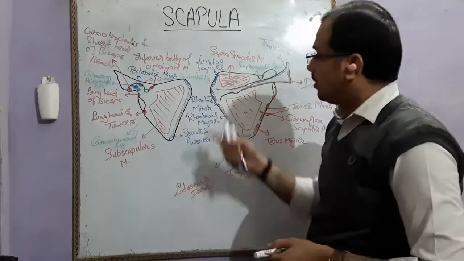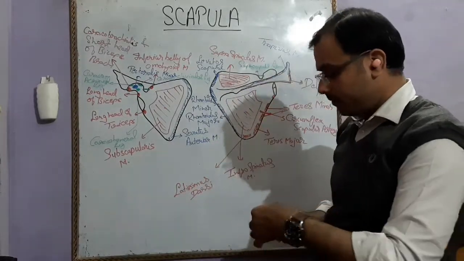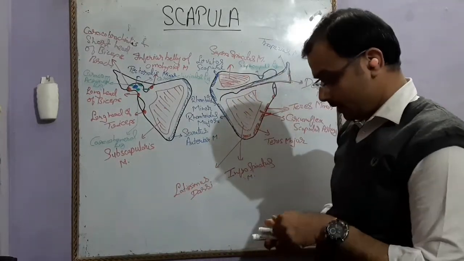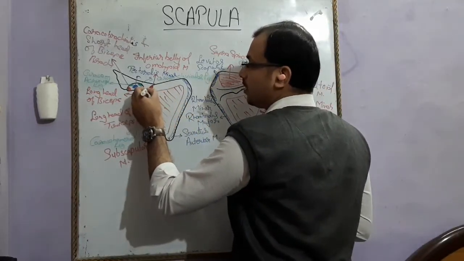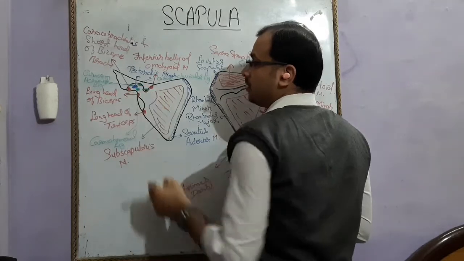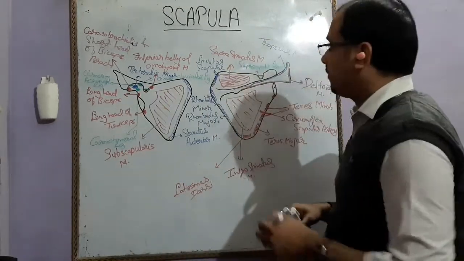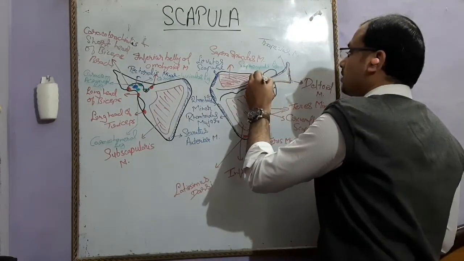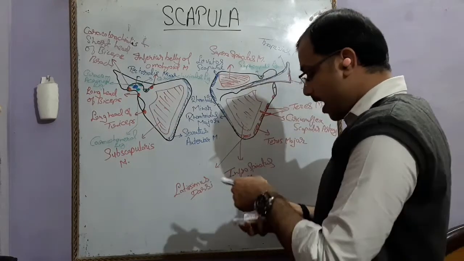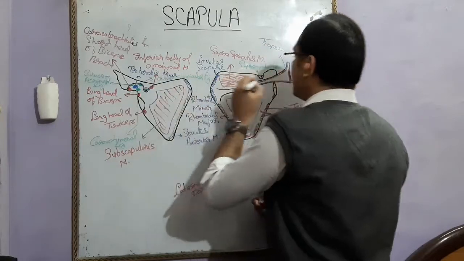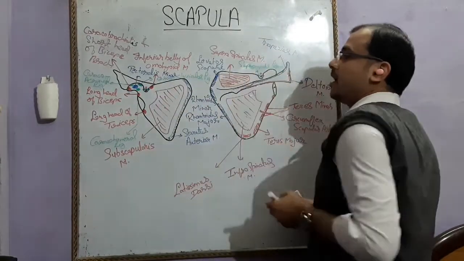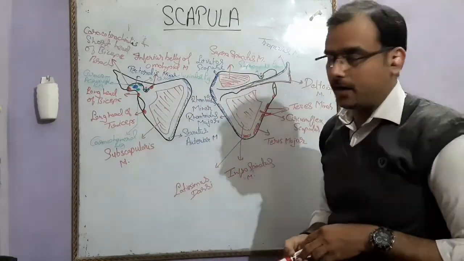Below the ligament is the location of the suprascapular nerve, and above the ligament is the location of the suprascapular artery.